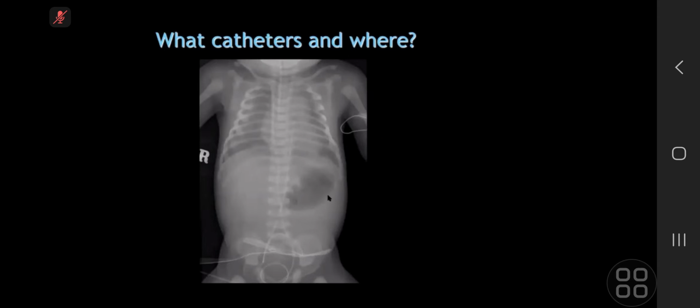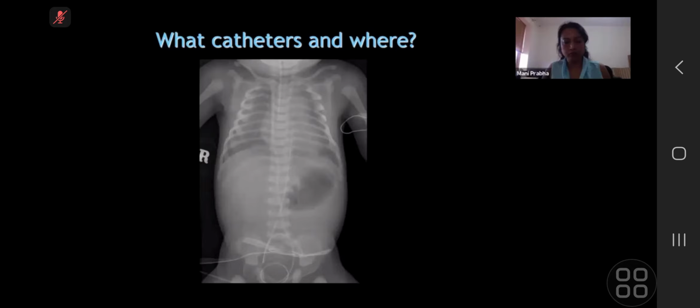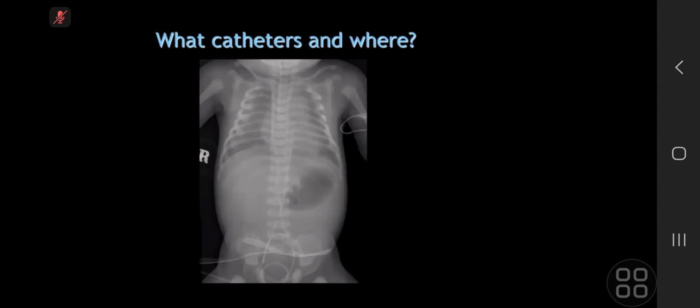Okay. Yeah. So the umbilical arterial catheter is at the level of T8, and is distal to stomach.